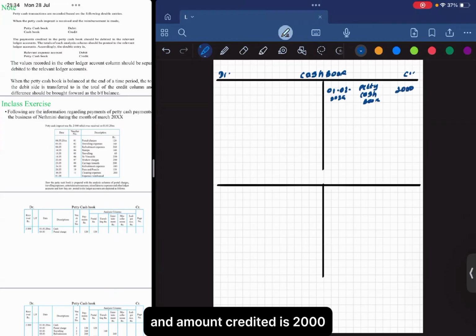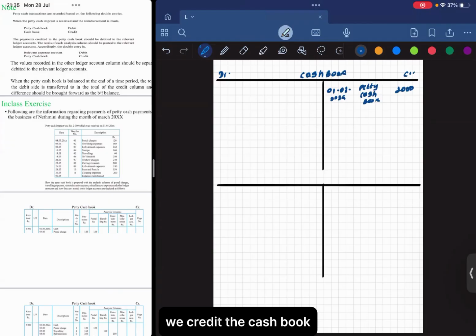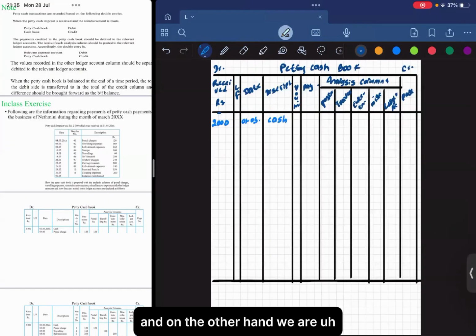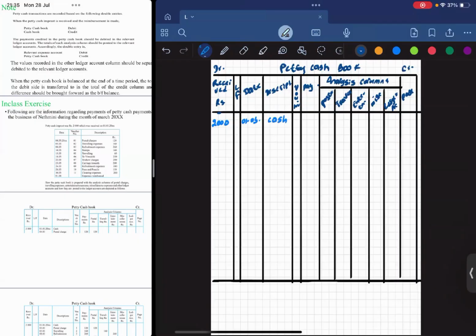So both entries of the transaction are being passed. We credit the cash book because the cash book balance is coming down, and on the other hand we are debiting the petty cash book.